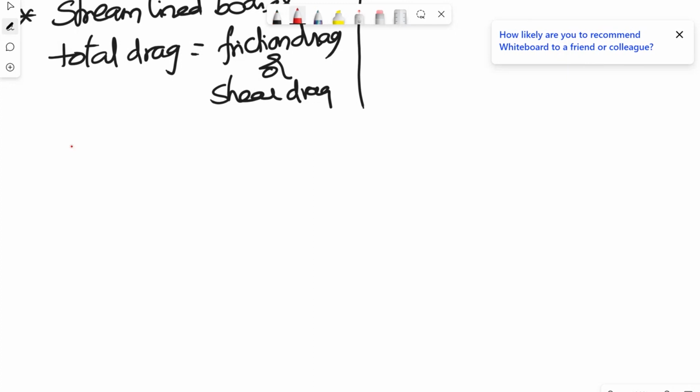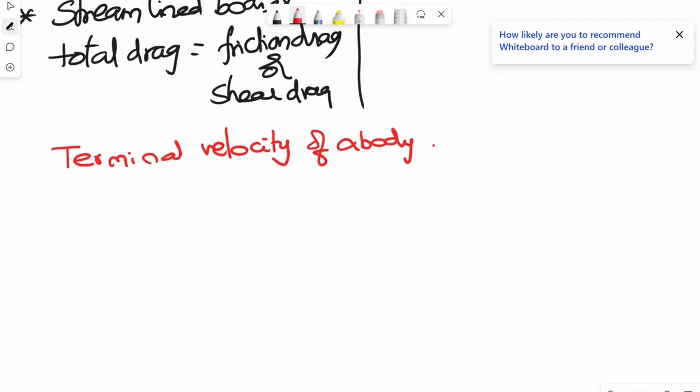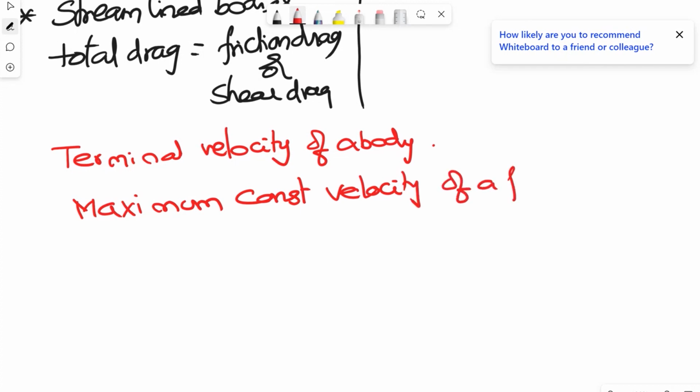Here is one more thing, which is very important for problems. What is the terminal velocity? It is the maximum constant velocity of a falling body.